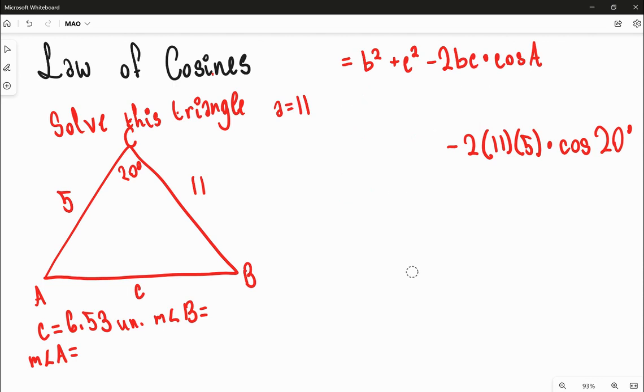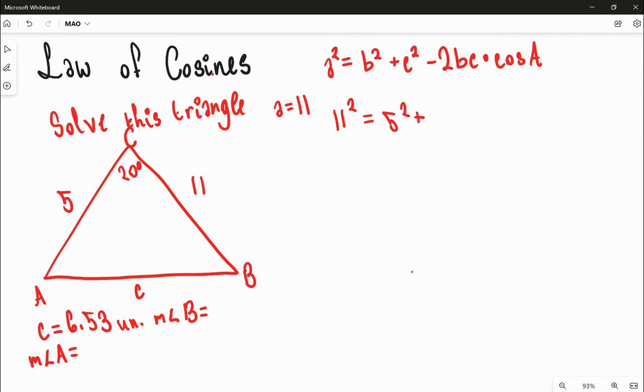And now we need to solve for the measure of angle A and the measure of angle B. So if we plug it into another equation, let's say 11 squared, because that's the side we have for A, is equal to 5 squared plus that side we just solved for, 6.53 squared, minus 2 times 5 times 6.53, running out of space, times cosine.